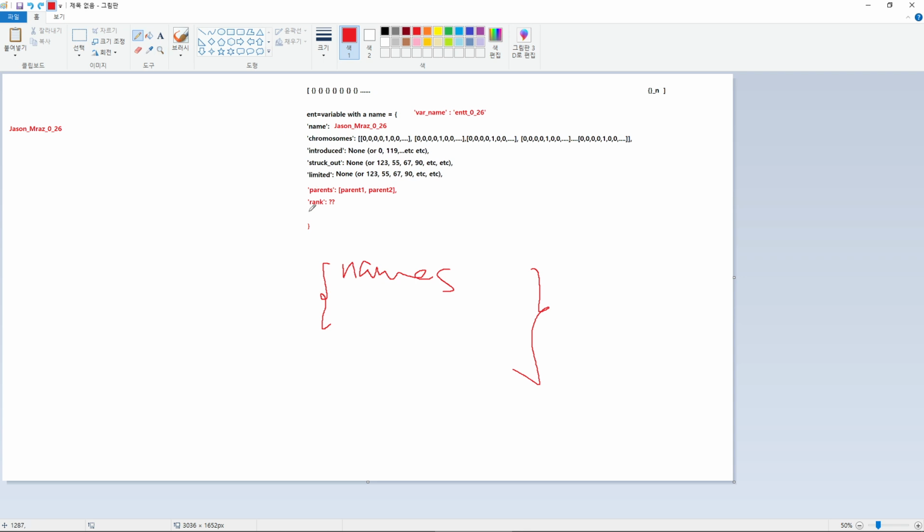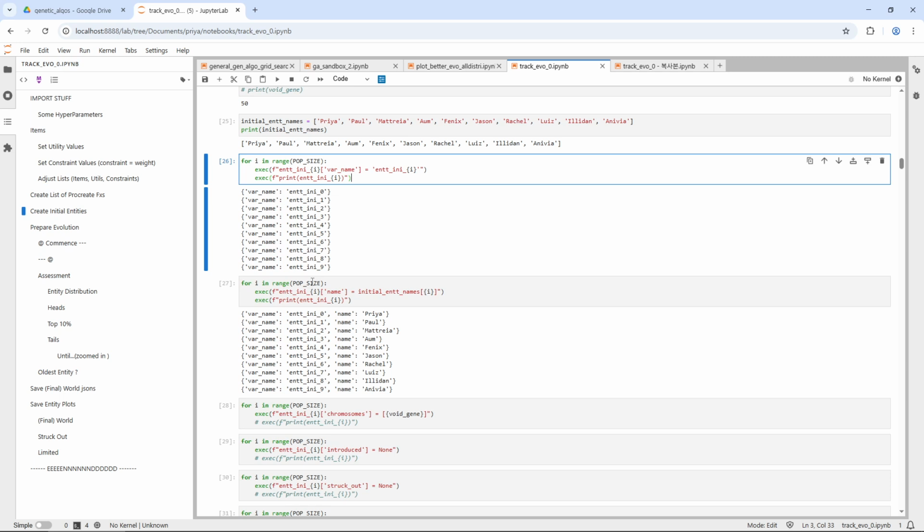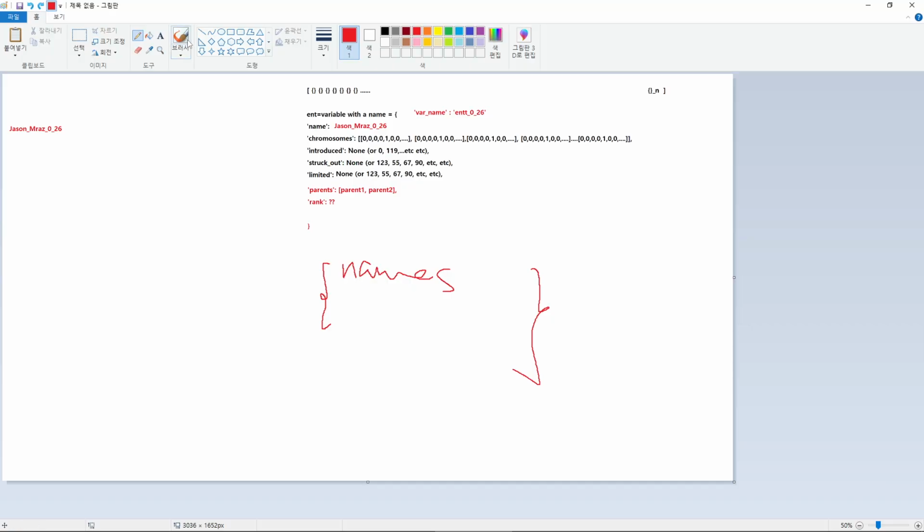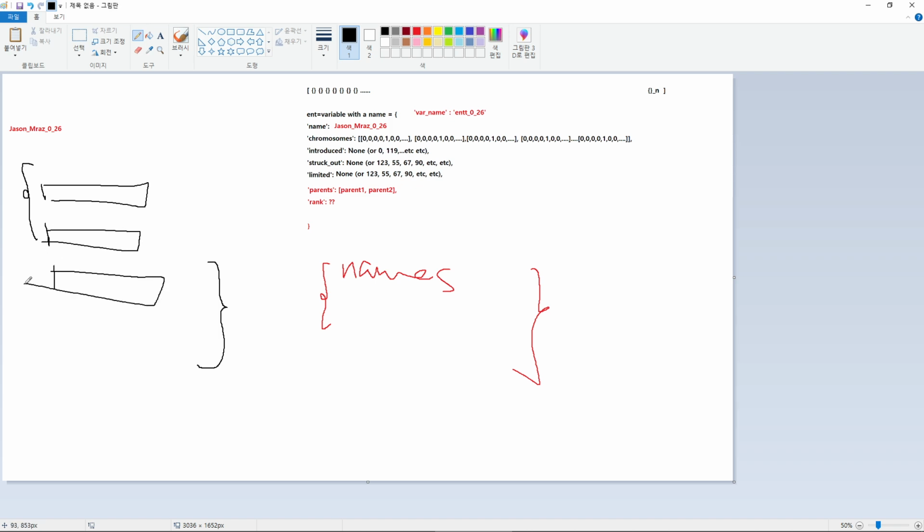But the reasoning behind having entities like this was that if these entities were to actually be alive or considered to be alive, I don't think they should, I don't think it does them justice to have them exist as just dictionaries, because dictionaries can always come and go.